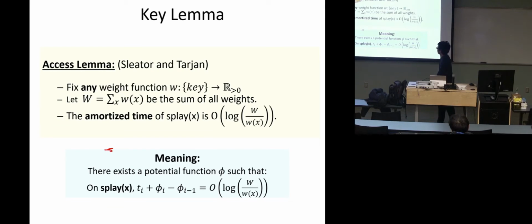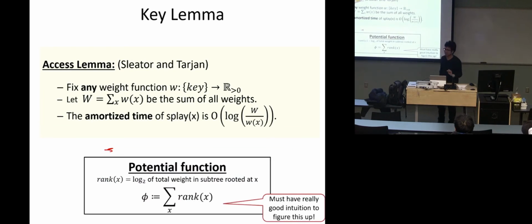We want to find a potential function such that this is true. And the magical potential function looks like this. It's not clear how to come up with it at all, but the goal is that you should see that it at least makes sense. First we define the rank, just some definition. The rank of any node x is the log of the total weight of the elements in the subtree rooted at x.